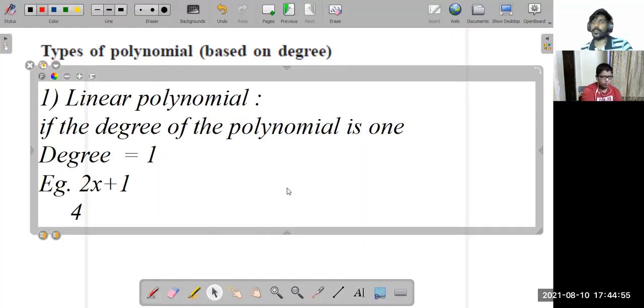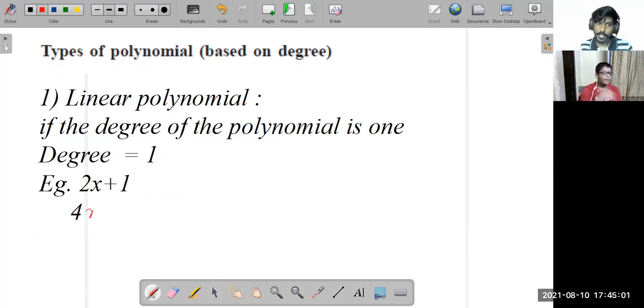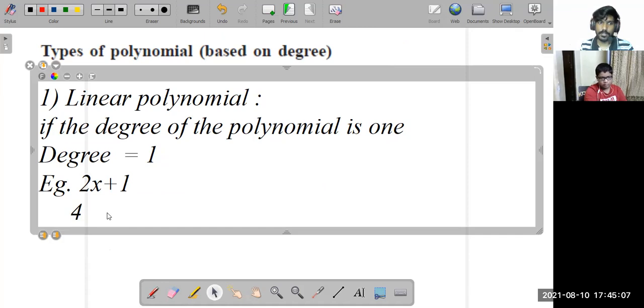No, it is not. Why? Because if you write a variable, it will be x to the power 0, so the degree is 0. So this is not. But what about this? Now is it a linear polynomial? Yes, sir.